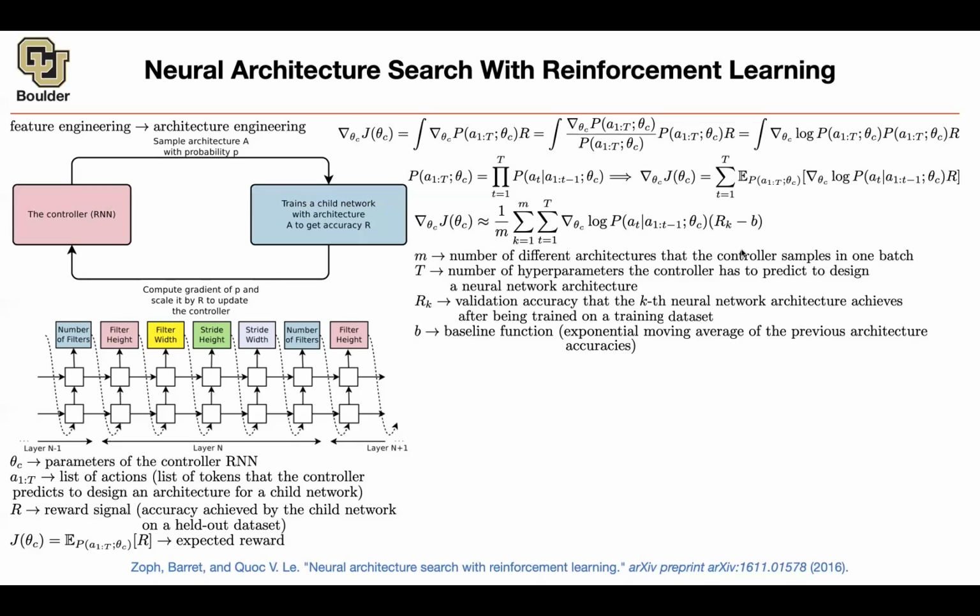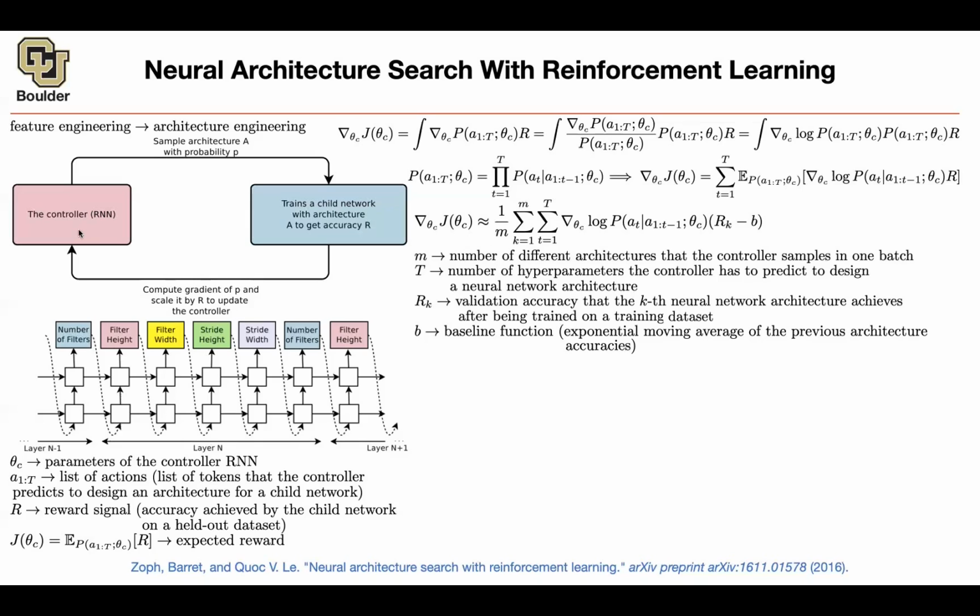So which step are you confused about? Yes, so what you're going to do is sample M architectures. That's going to give you R rewards. Then you're going to add the average of those rewards to the previous averages that you already had, and that's going to give you your B, the baseline. So think of it as averaging over time, because things are evolving over time.